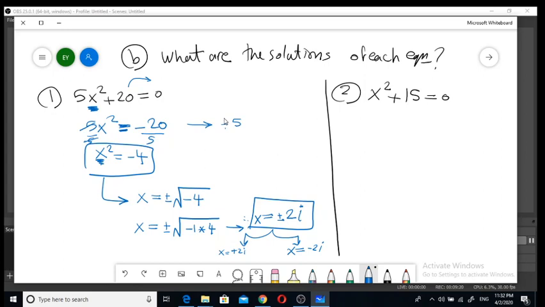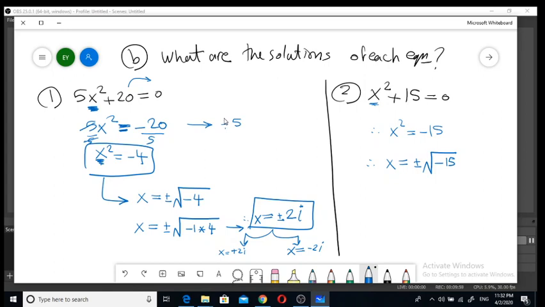For number 2, if we have x squared plus 15 equals 0, how can we find the solution of this equation? So we are going to isolate x squared. So it will be x squared is equal to negative 15. Then take the square root of each side. Then we have x is equal to plus or minus square root of negative 15.